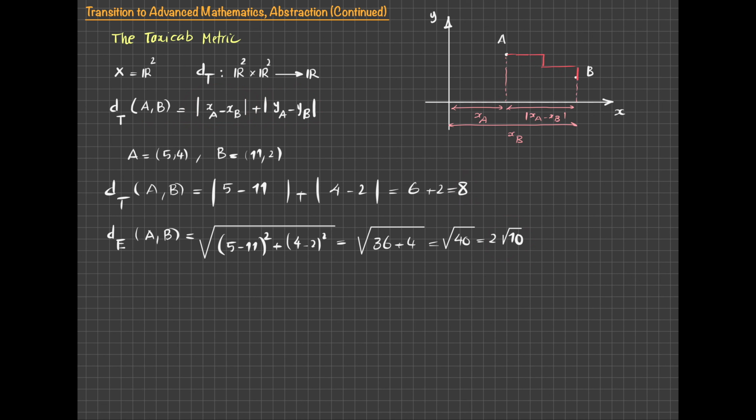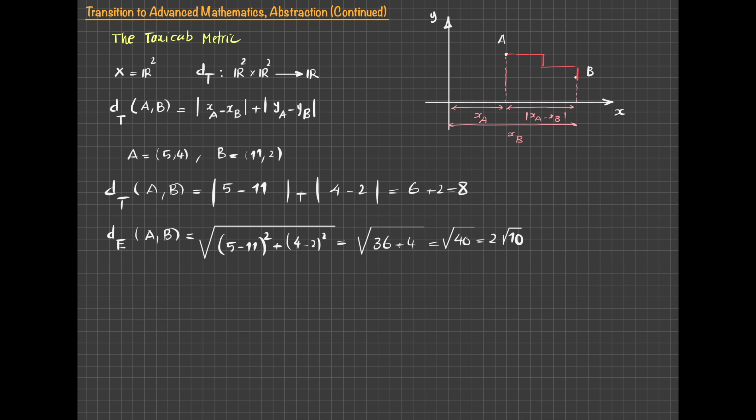So how many steps do I take? 3 horizontal here, and then again 3 horizontal, so it becomes 6. And then I take 2 vertical steps. So I have to take in total 8 steps to reach here. Of course, I can reach B with more steps, but this is the shortest way I can do it.